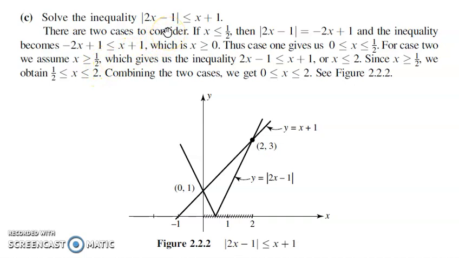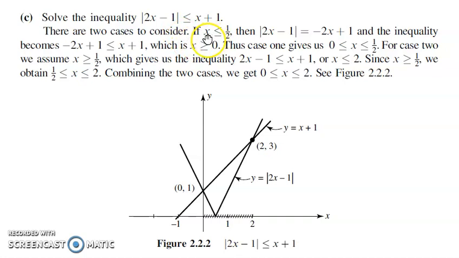Because on the set where x is less than or equal to 1 by 2, the value of modulus of 2x minus 1 is minus of 2x minus 1, and where x is greater than or equal to 1 by 2, the value of modulus of 2x minus 1 is 2x minus 1 itself.